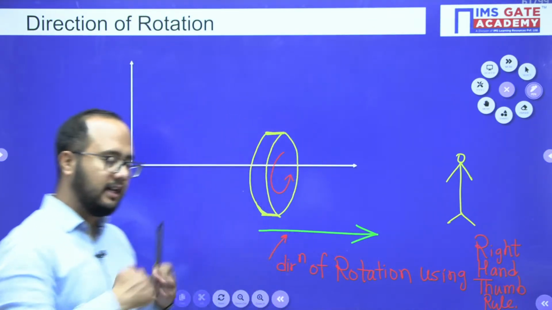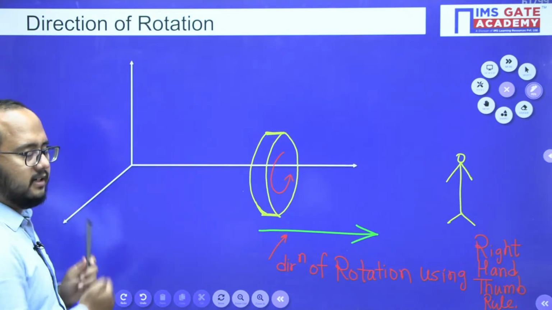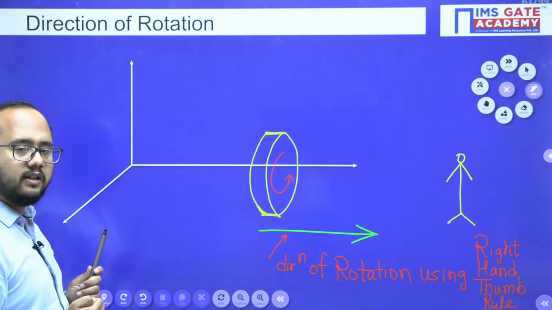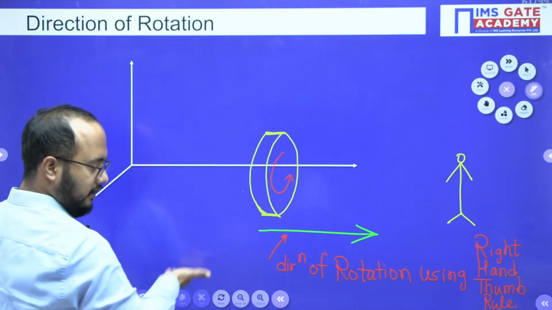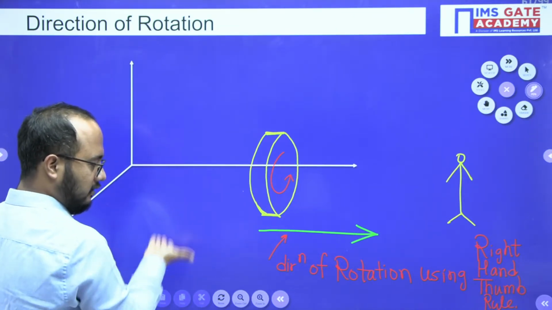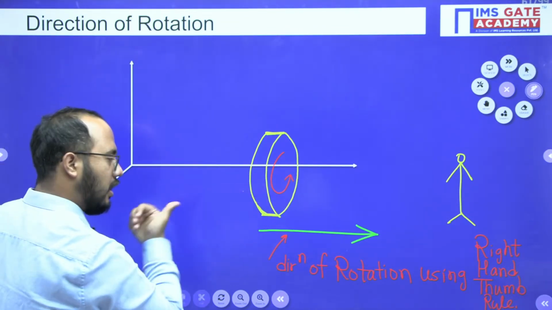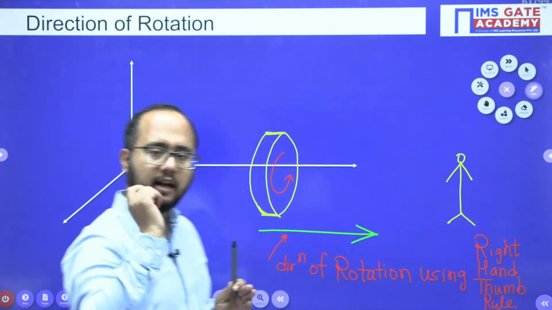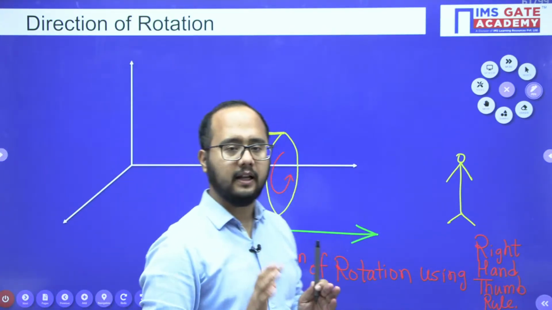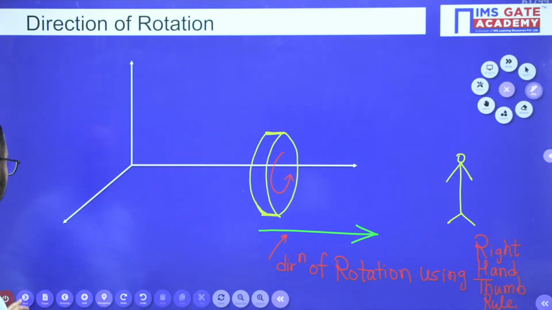Now, let's suppose I am observing this disc from the left hand side, so the sense of rotation will be clockwise. Again you have to use the right hand: curl your fingers in the direction of rotation, like clockwise, and your thumb will show the direction of rotation. Now again, if you observe from here or there, the direction will be the same, right? So this arrow plays a very important role in the gyroscope analysis.